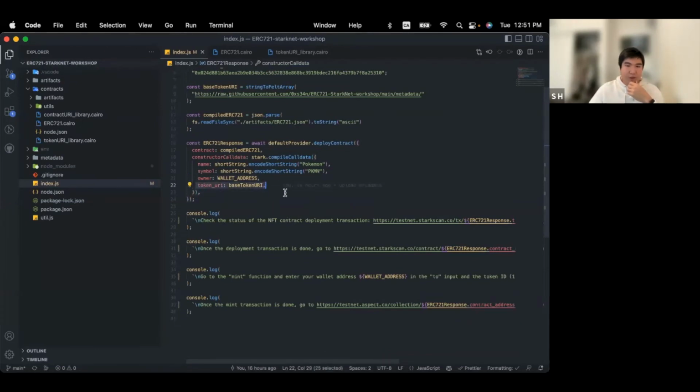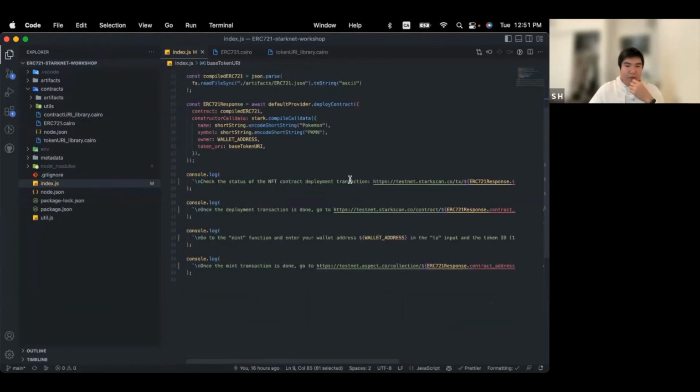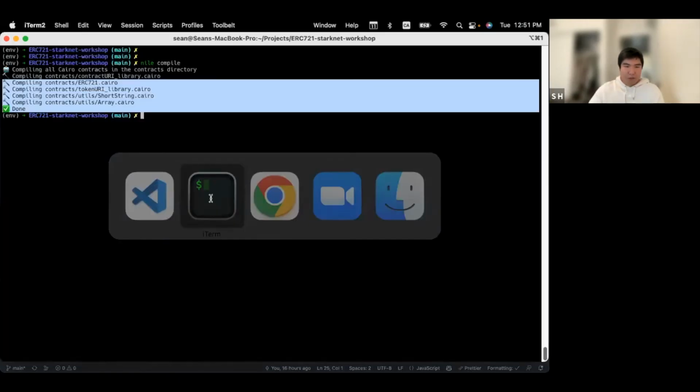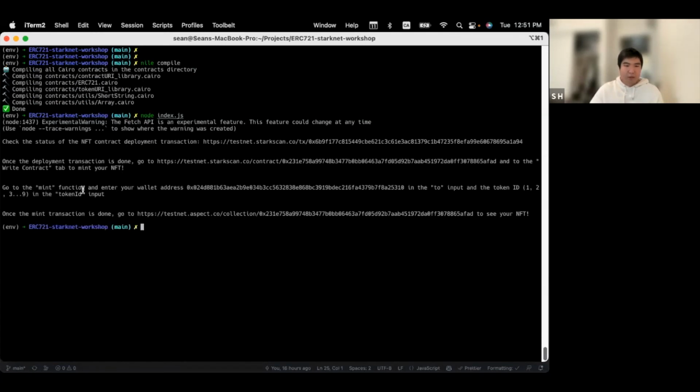And then the token URI is my GitHub link, which will define the images. So we can try running this file. This should deploy the NFT contract that I compiled previously. We can look at the status of the deployment here.